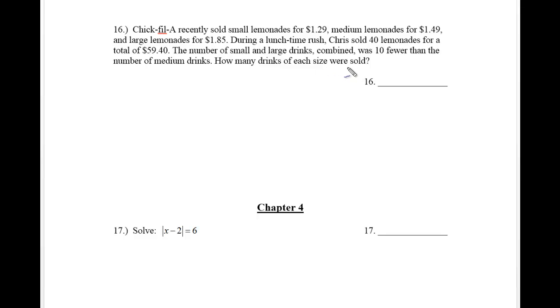Well, what this is going to make is 3 different equations with an x, y, and z. So let's call the small lemonades x, the medium lemonades y, and the large lemonades z. Chick-fil-A sold them at these prices: $1.29 for every small, $1.49 for every medium, and $1.85 for every large.